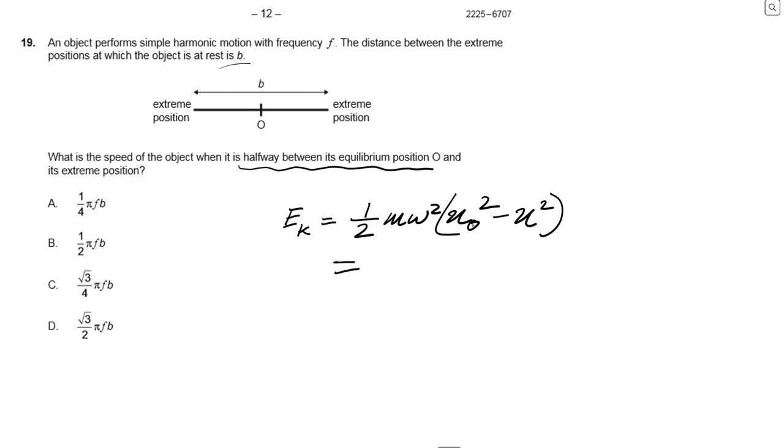x naught is our maximum, and at maximum, the amplitude is b over 2. We're talking about halfway between equilibrium and extreme, so that would be b over 4.